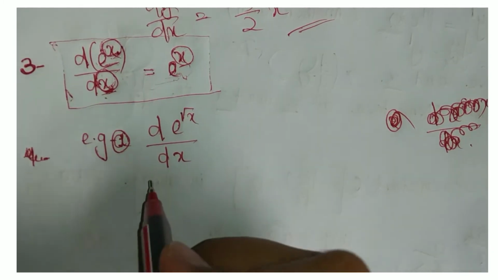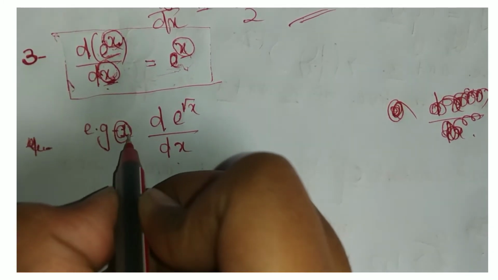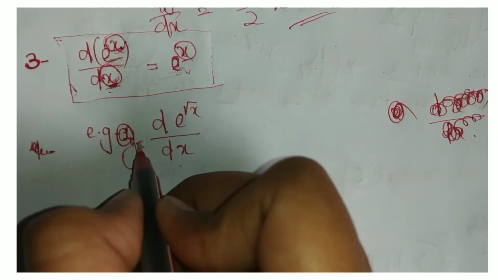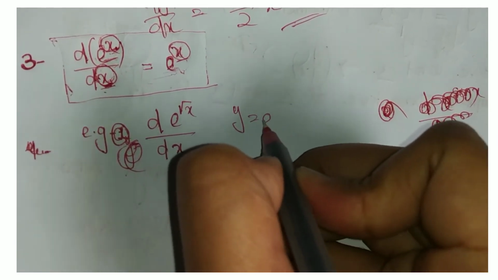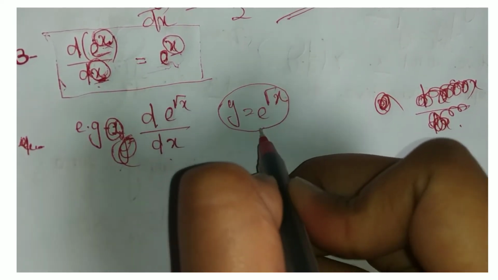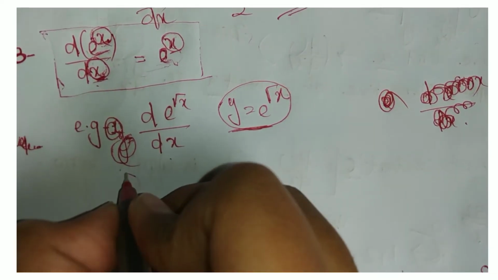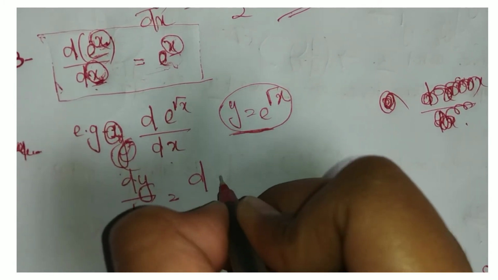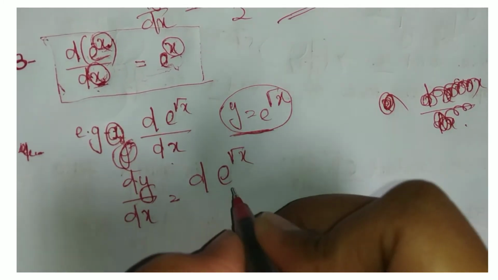Here the question: y is equal to e to the power root x. So find the derivative of this function. This dy by dx is equal to the derivative of e to the power root over x by dx.